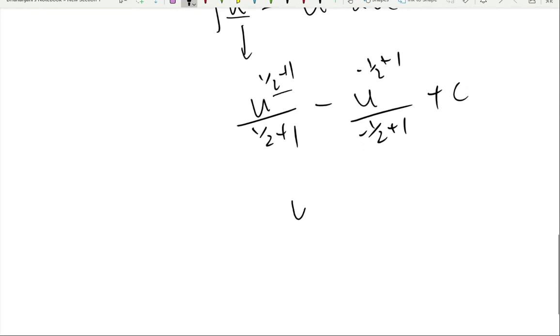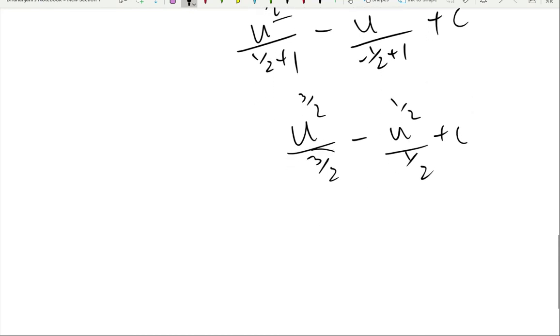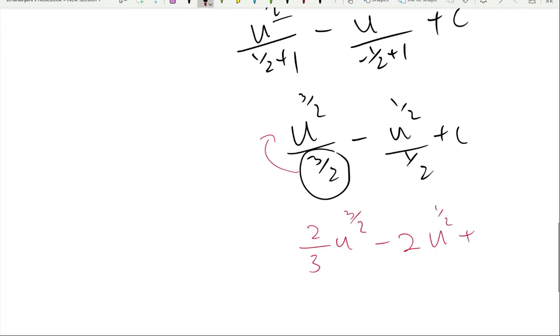Half plus 1 is 3 over 2, and negative half plus 1 is half. Division of a fraction, we can write as multiplication by the reciprocal. So this is 2 over 3 u to the 3 over 2 minus 2 times u to the half plus c.